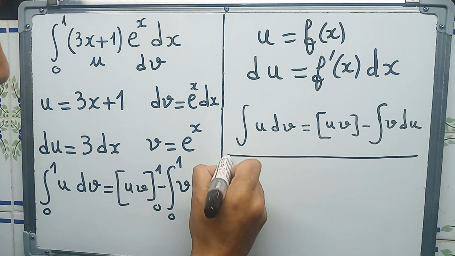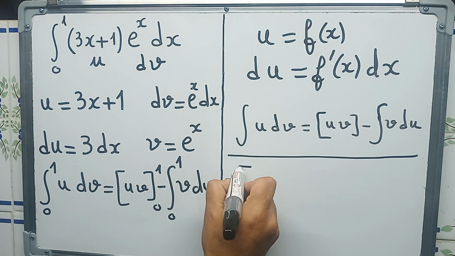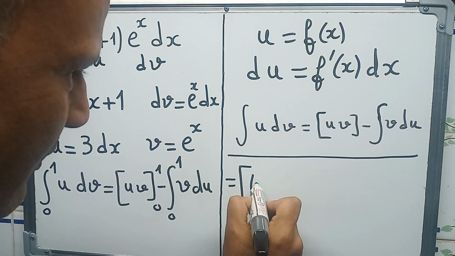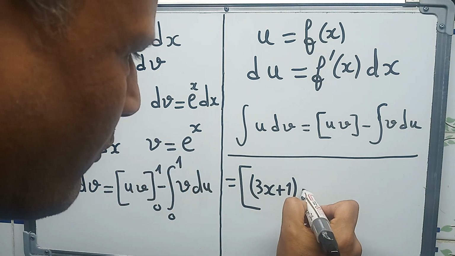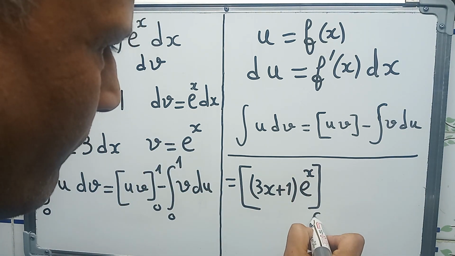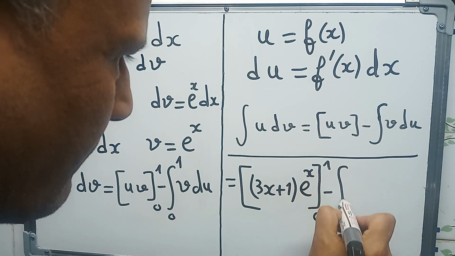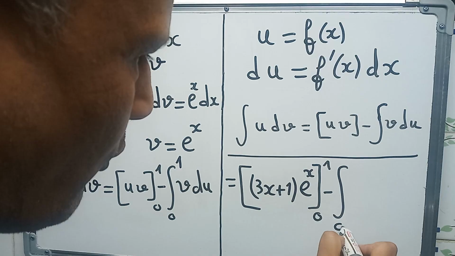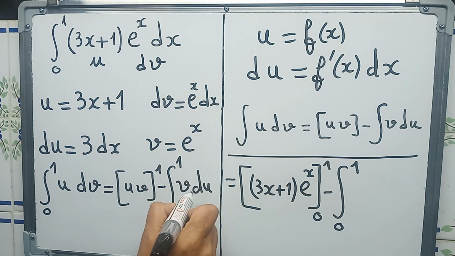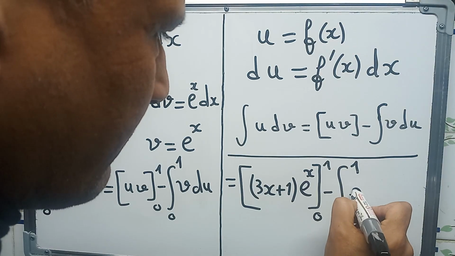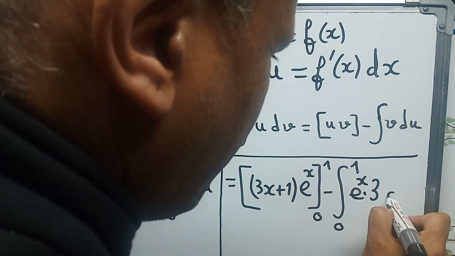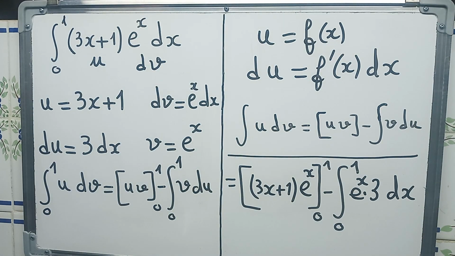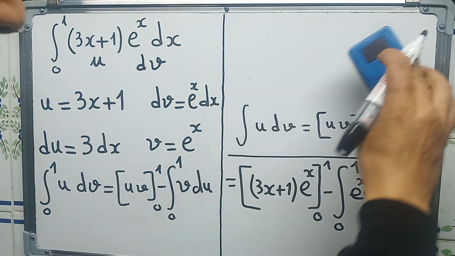And now we have it's equal to, here our u is 3x plus 1 and our v is exponential x, minus the integral from 0 to 1 of v du. v is exponential x and du is 3 dx. And it's almost done.